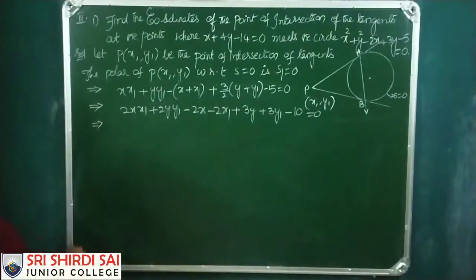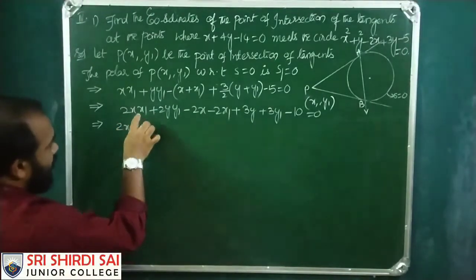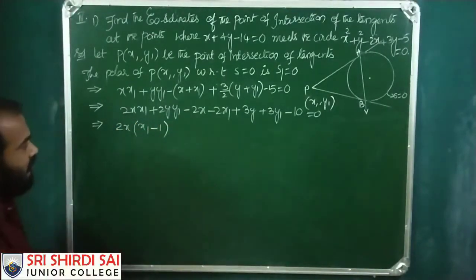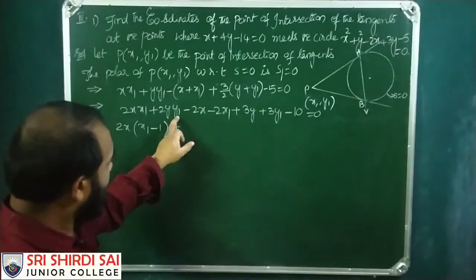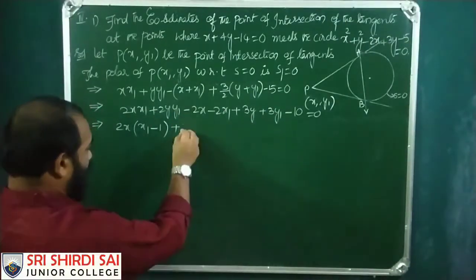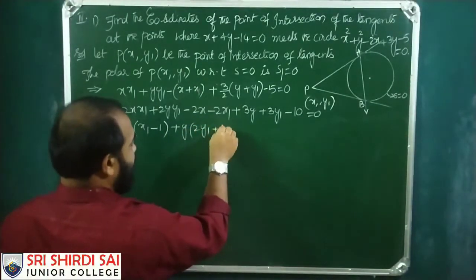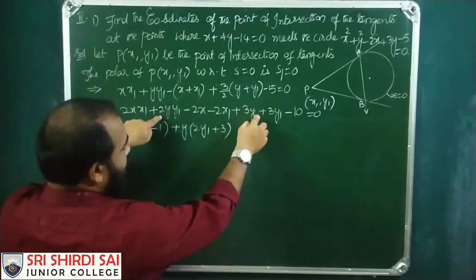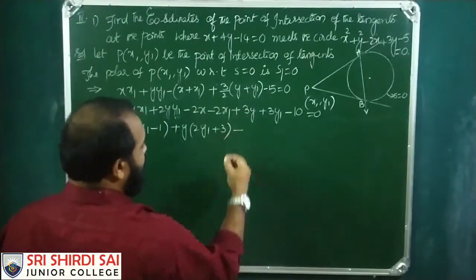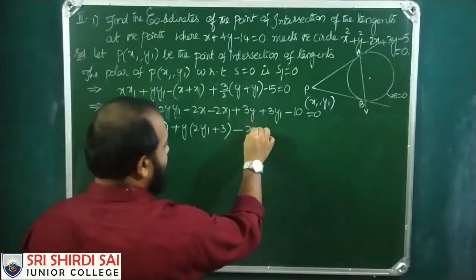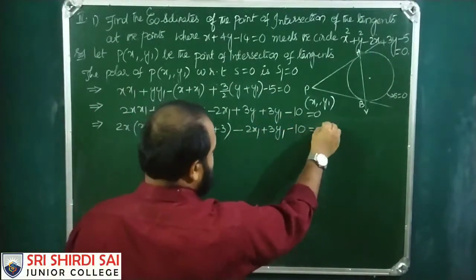Now, here 2xx1 - 2x, take 2x in common, then we get (x1 - 1). In these two, 2yy1 + 3y, take y in common, then I am left with (2y1 + 3). So minus 2x1 + 3y1 minus 10 equals 0.